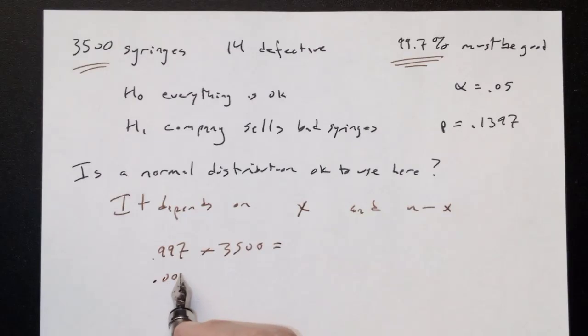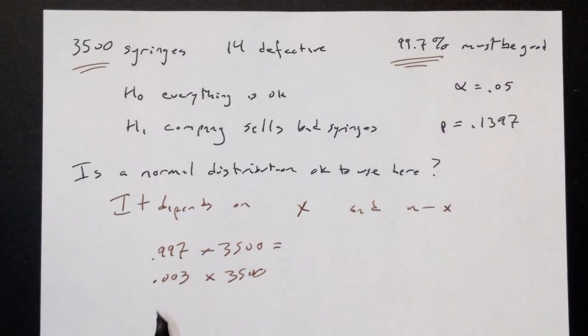What is 0.003 times 3,500? If both of those numbers are bigger than 10, then this is sufficient.